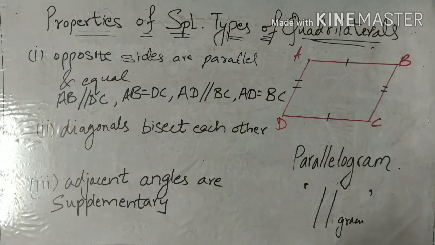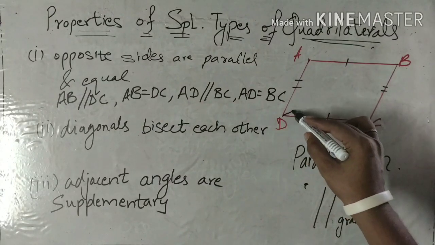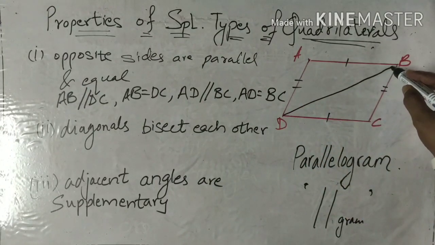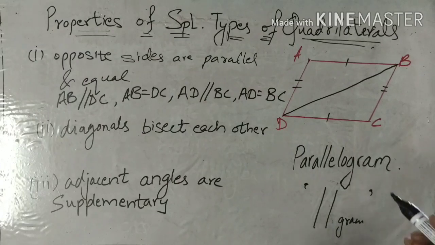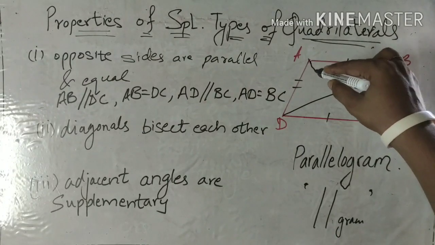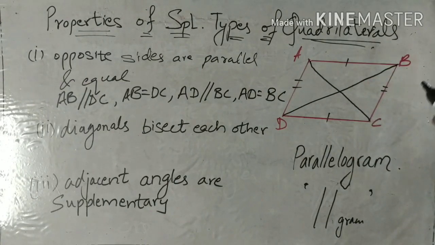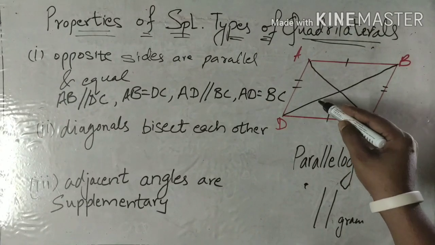In the next property, the diagonals bisect each other. That means if I draw diagonals, which are the line segments joining opposite angles or opposite edges, so if I draw these two diagonals, it states that the diagonals bisect each other.